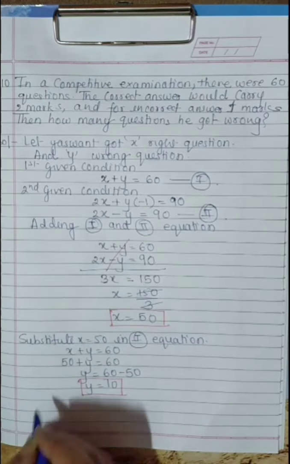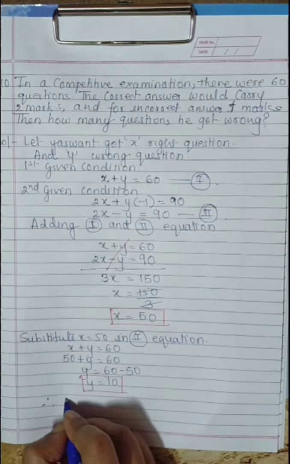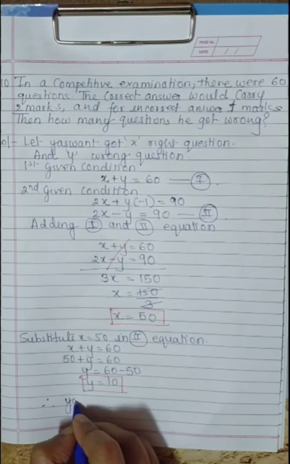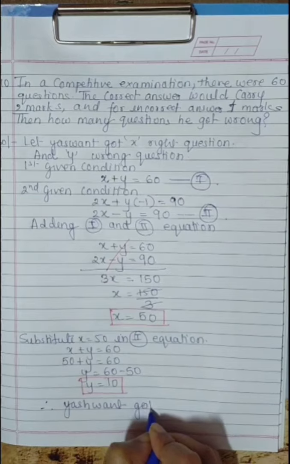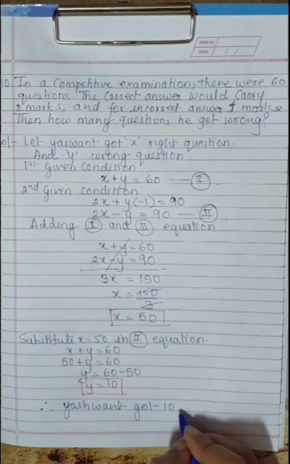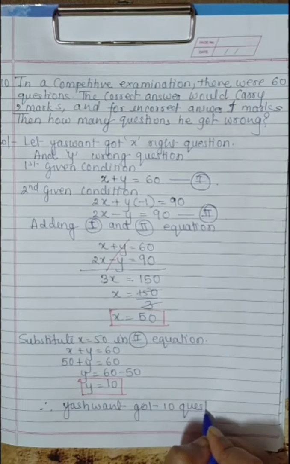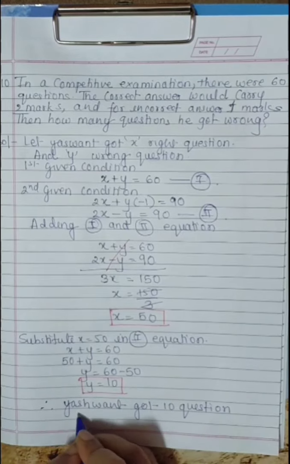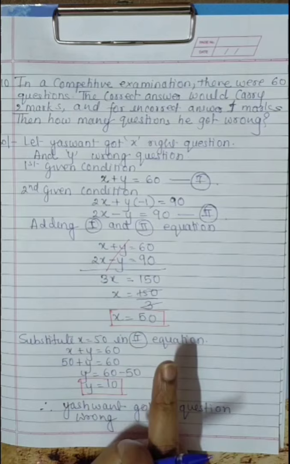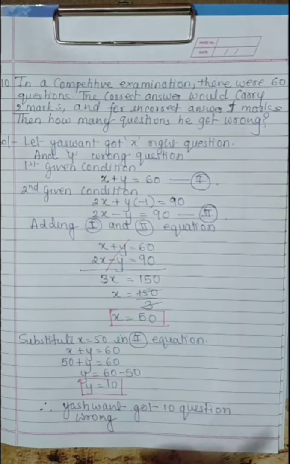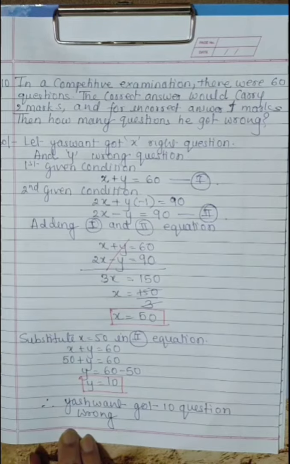Now therefore the answer is Yashwant got 10 questions wrong and 50 right. I hope you understood question number 10.